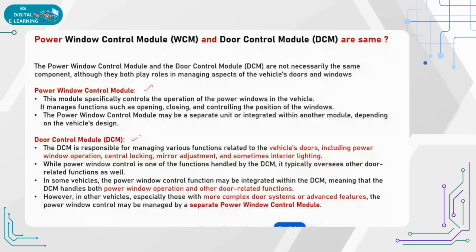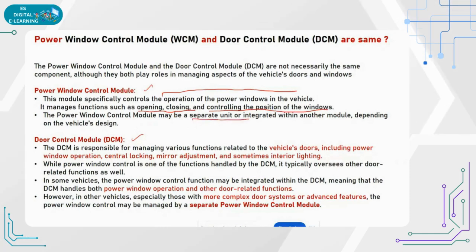So the power window module, what do we do exactly? We are able to operate the power window in the vehicle. We open the door window, close the window, and control the position of the windows. Next, the window control will be a separate unit or sometimes it will be integrated.